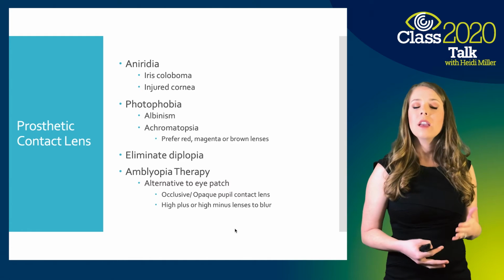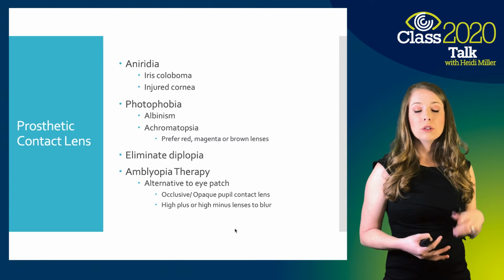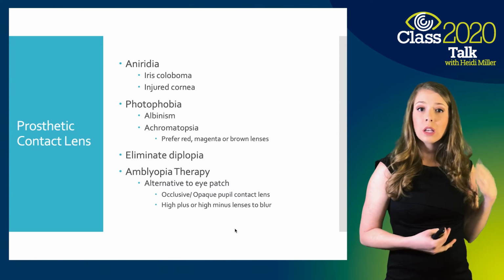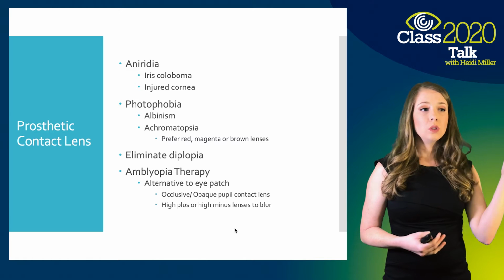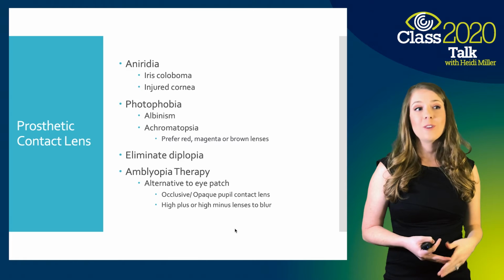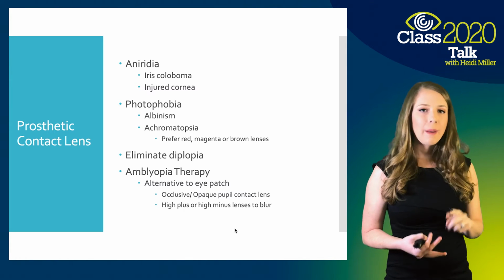They became permanent. Prisms were not an option for them. And surgically, that wasn't an option either. So we ended up just doing an occlusive contact lens to block out one of the eye's visual input and eliminate the diplopia. For them, that was better than putting a patch over their glasses or wearing a patch full time.